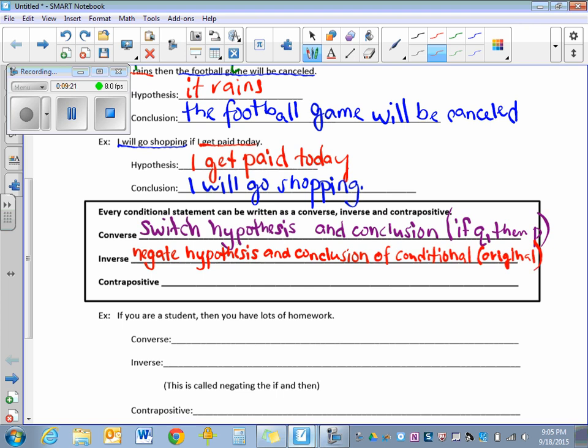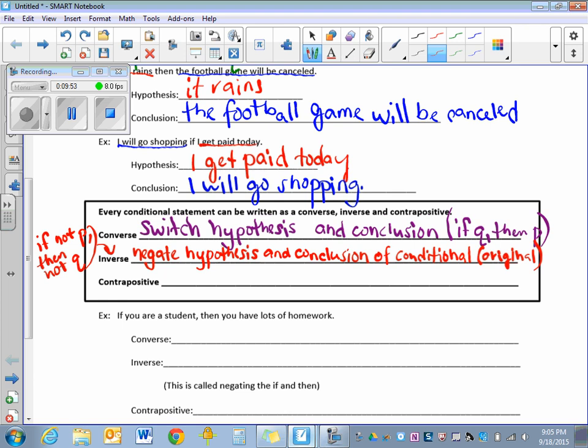For our inverse, you can think of this as if not P, then not Q. I'm going to go ahead and write this up here. If not P, then not Q. And that's my inverse.